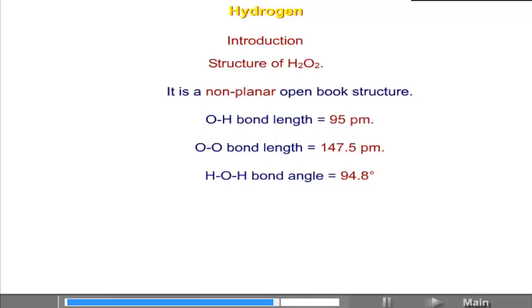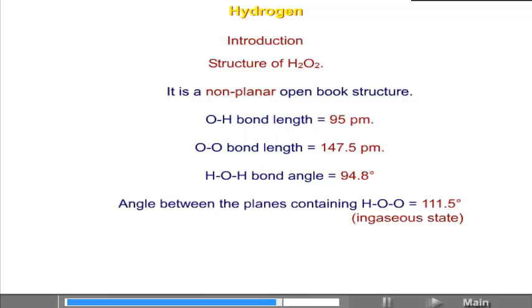H-O-O bond angle is 94.8 degrees. Angle between the planes containing H-O-O is 111.5 degrees in gaseous state.